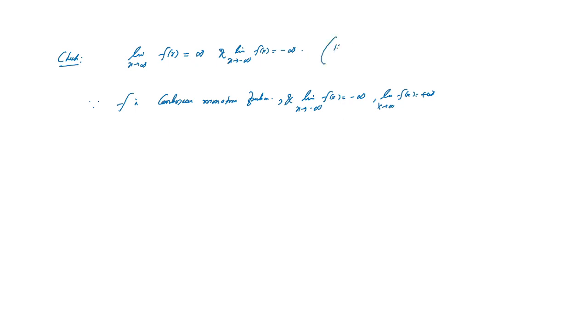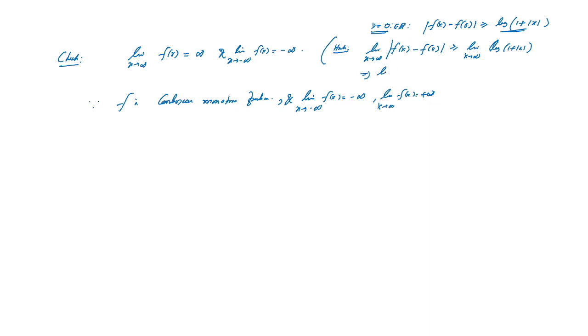How we will show? I will give you a hint. You will take limit x tending to infinity. Take y equals to some number, say y equals to 0. So in that case, what will be your relation? Modulus of fx minus f0 will be greater than or equal to log of 1 plus mod of x minus 0. And if we take limit x tending to infinity, mod of fx minus f0 will be greater than or equal to limit x tending to infinity of log of 1 plus mod x.